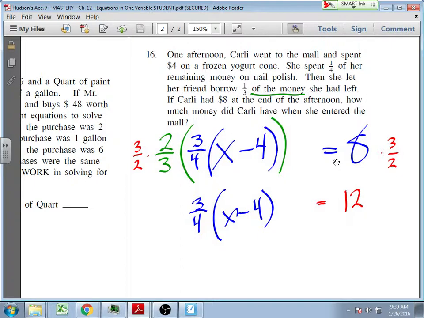I can multiply by 4/3. 48 divided by 3, 16. That's now just the x minus 4. How much money did she take to the mall? $20. Which is pretty standard for a day at the mall.